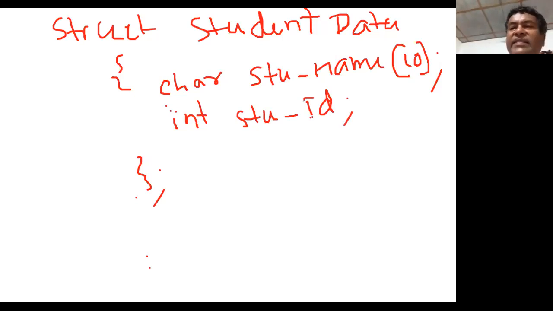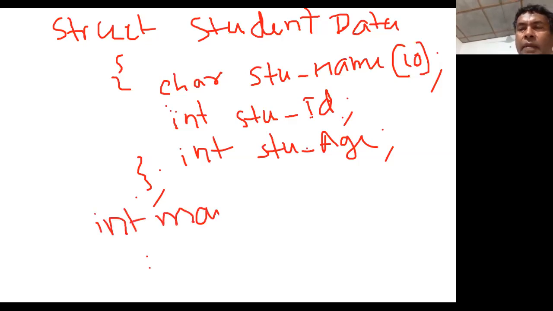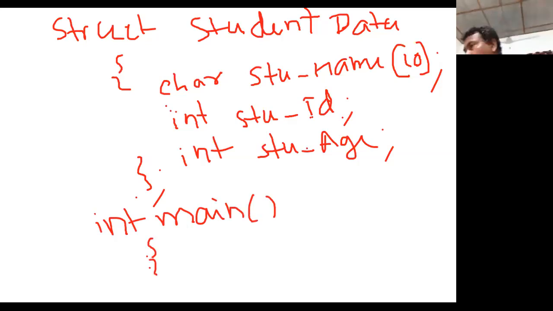So next is int student age. Over. It's clear. How many parameters do I have? Student name, student ID, student age. So name is character, ID is integer, and age is also an integer. Then go for the main program. Int main, start. Okay. Any doubts?